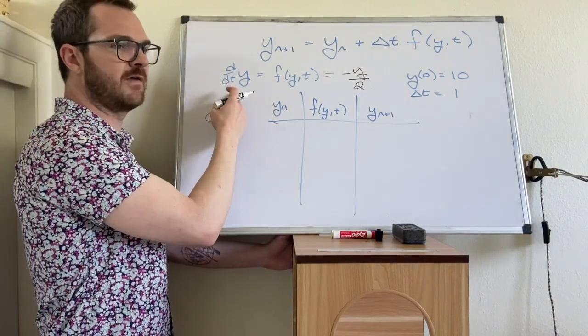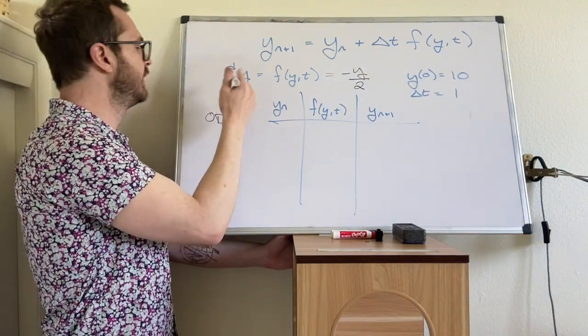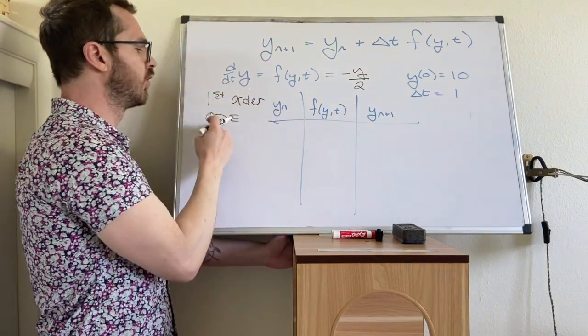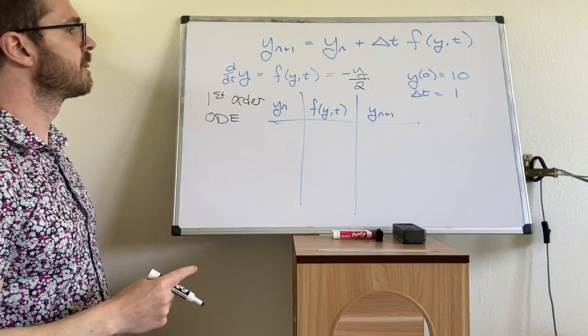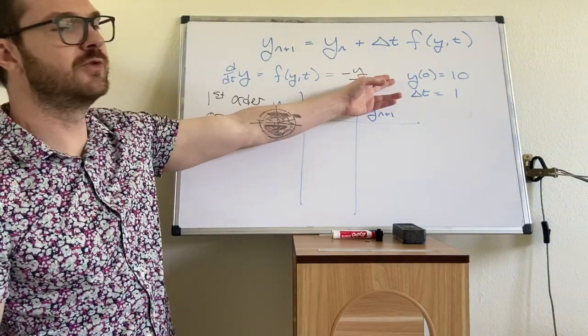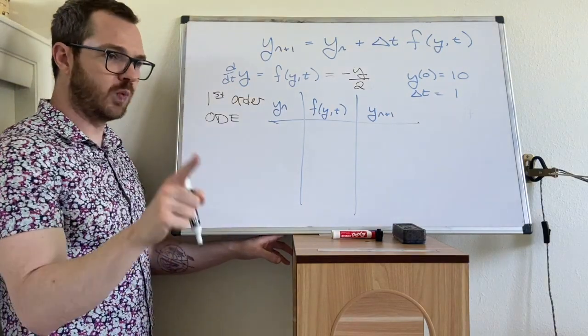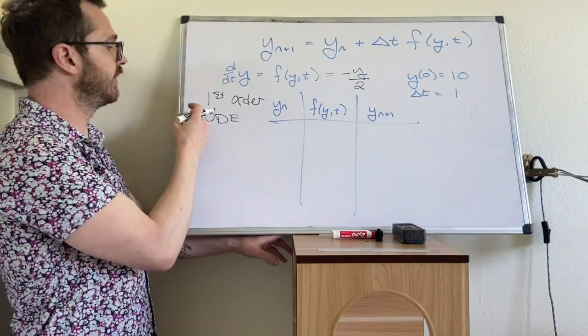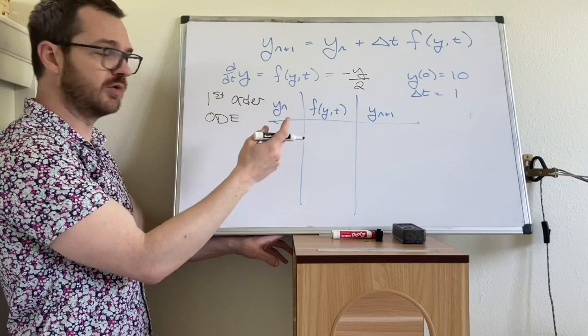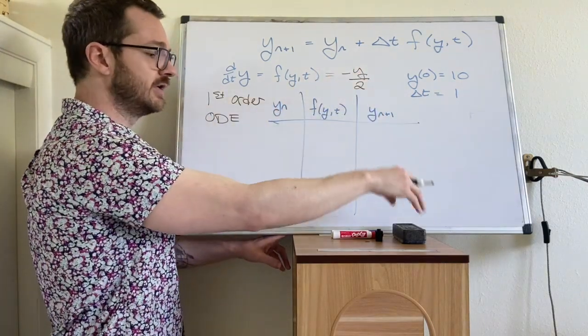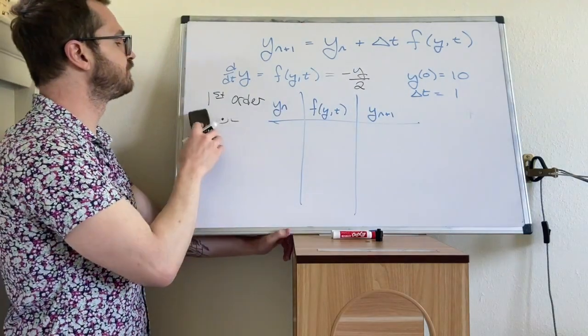Also, this is a first derivative, which makes this a first order ordinary differential equation. How many initial conditions do we need? Well, for a first order differential equation, you need 1 initial condition. If this was a second order, you would need 2. If it was a 10th order, you would need 10. So we're given 1 initial condition, so this will satisfy.